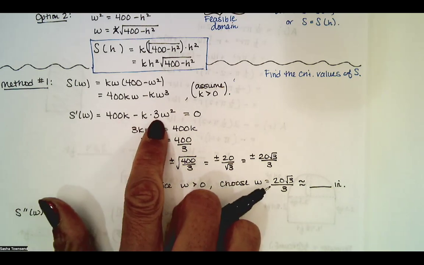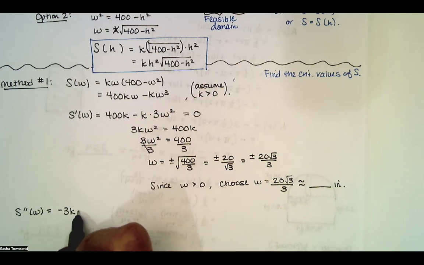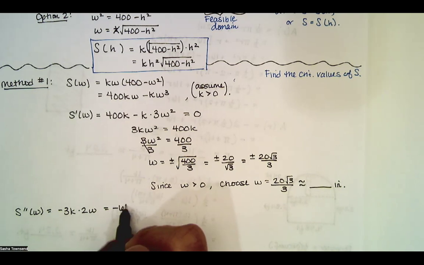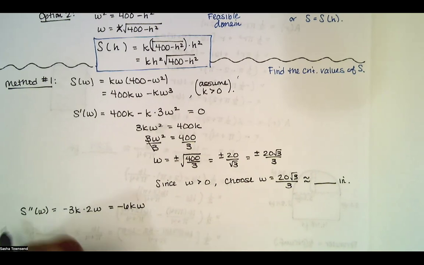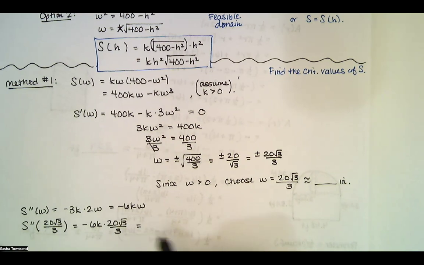The derivative of negative 3k times w squared is negative 3k times 2 times w. So we get negative 6k times w. And if we evaluate that at 20 times the square root of 3 divided by 3, we get negative 6k times 20 times the square root of 3 divided by 3, which gives us negative 40 square roots of 3 times k.